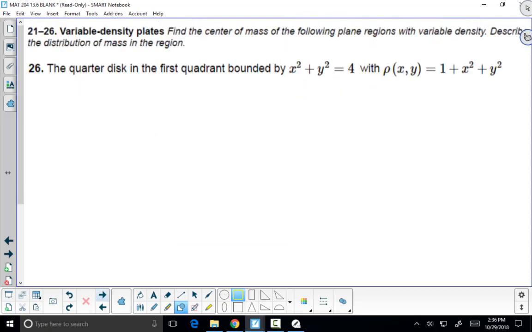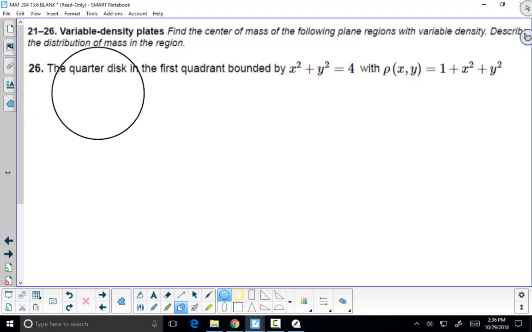Okay, so variable density plate. Find the center of mass of the following plane region with variable density. Describe the distribution of mass in the region. Okay, so we're going to look at a disk of radius 2 centered at the origin, but we're only going to consider quadrant number 1.